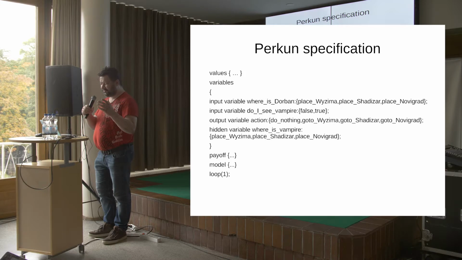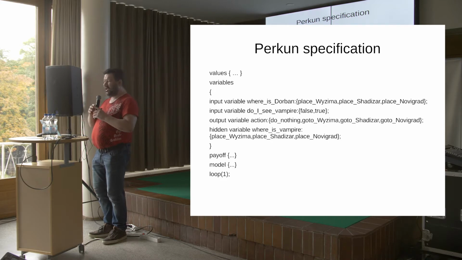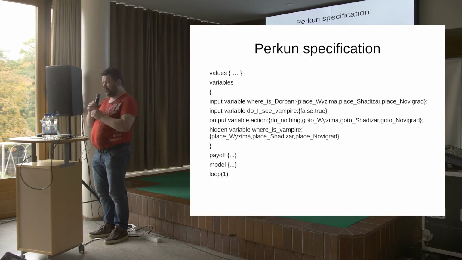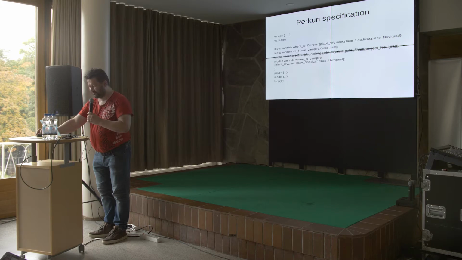You have to use 1, 2, 3, a constant. So this is a Perkun specification. And if you take a look at the game, at the PerkunWars, you will see that this Perkun specification is produced in a very special way. There's some prologue involved there, but it's just to produce a specification. And Perl.